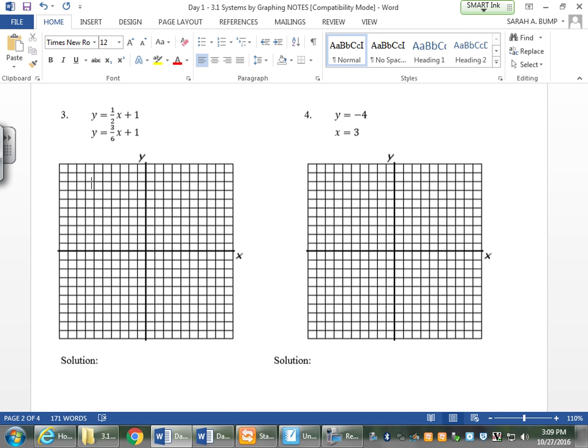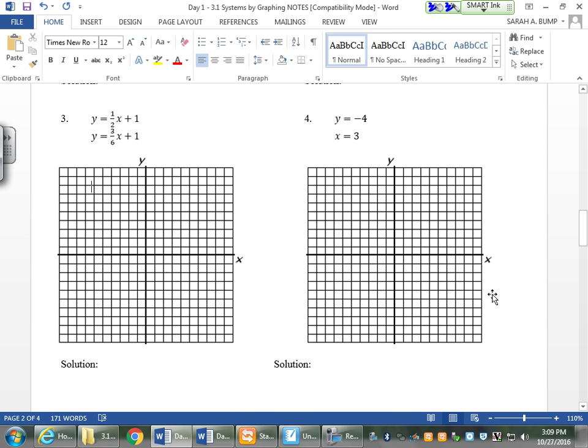So for number 3, keep on going here. We're going to have an m of 1/2 or negative 1 over negative 2, and the second graph 3/6 or negative 3 over negative 6. Both have a y-intercept of 1.